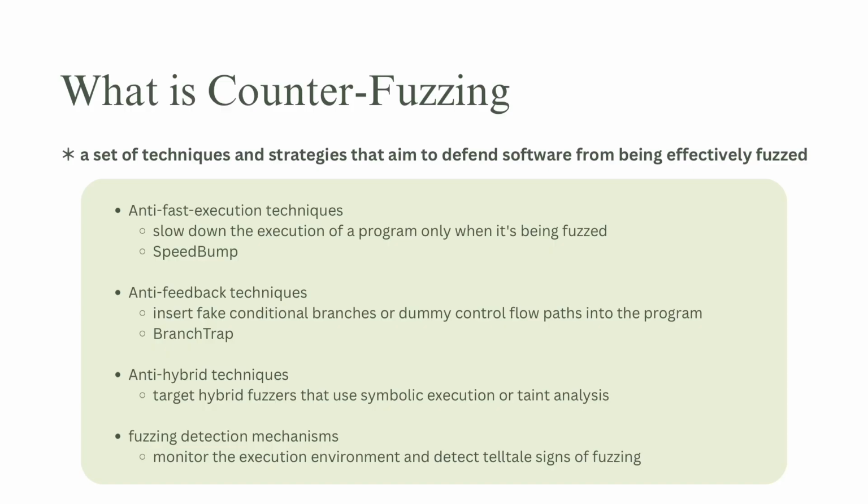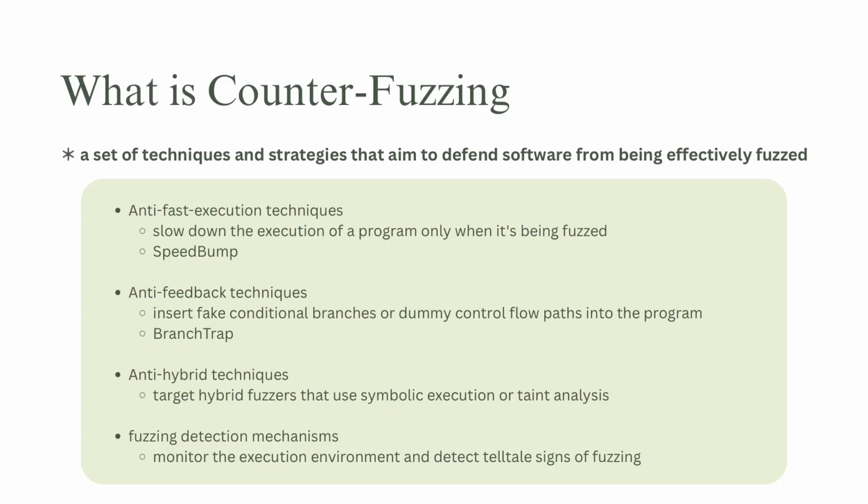A great example of this is SpeedBump, a counter-fuzzing method that injects CPU-intensive code into code paths, branches of the program that normal users rarely trigger but the fuzzer hits all the time. This creates a disproportionate performance penalty for fuzzers, making fuzzing hundreds or thousands of times slower, while normal users experience little or no noticeable impact.